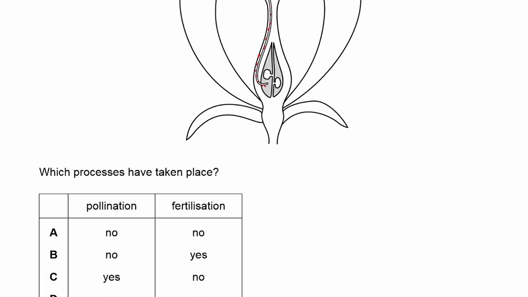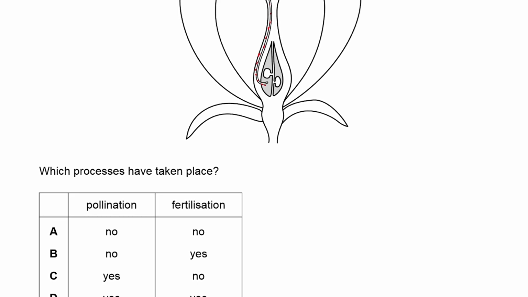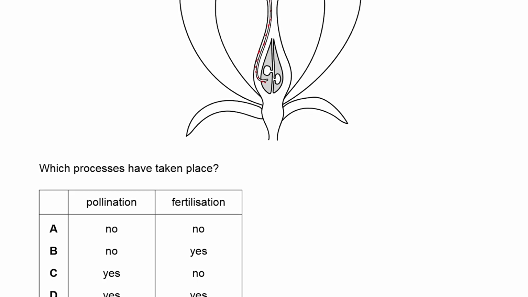But what about fertilization? We see that the pollen tube has grown, but not yet, because the pollen has not yet fused with the ovule in there. So we'll definitely say that pollination only has taken place. So it will be C.